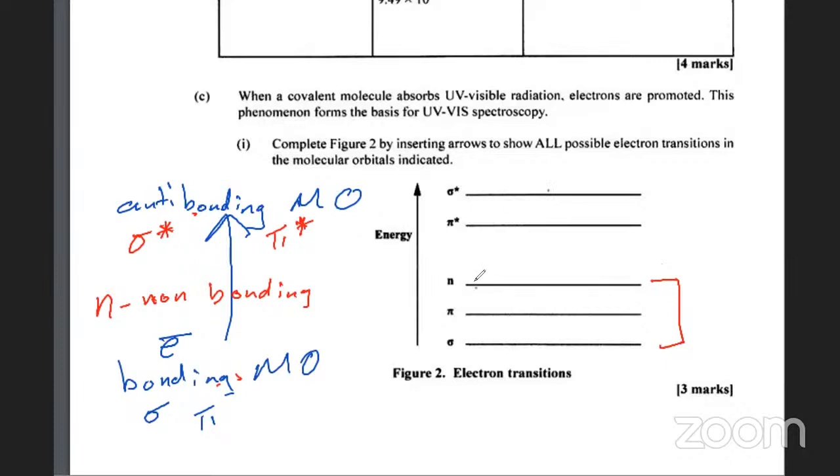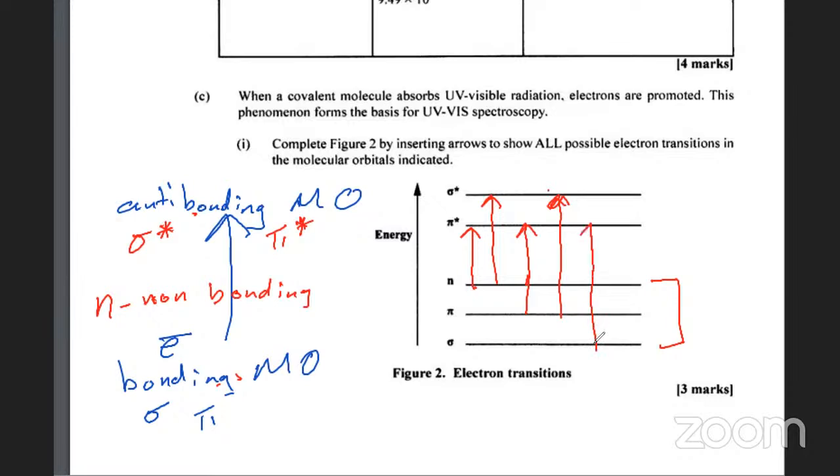So I can start with non-bonding if I want, and then I can go to pi. They can go into either of the two antibonding ones. In total, it would be 6.